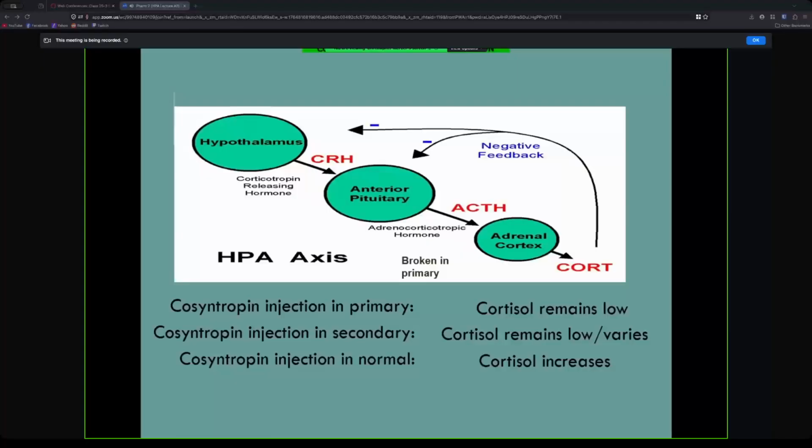So make sure you understand this HPA axis and the response, depending on what's going on at the adrenal cortex, the response of cortisol the adrenal cortex can produce based on the test with the cosyntropin injection. How it responds with remaining low in primary, secondary adrenal cortex issues, it remains low or it varies. And then in normal patients with normal function adrenal cortex, cortisol is going to increase due to that stimulation down the HPA axis.